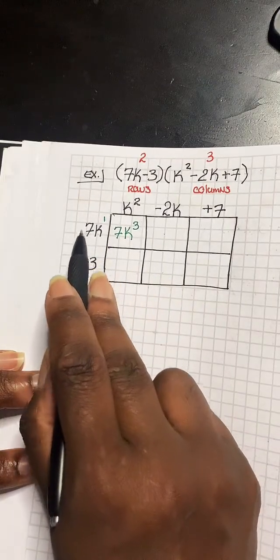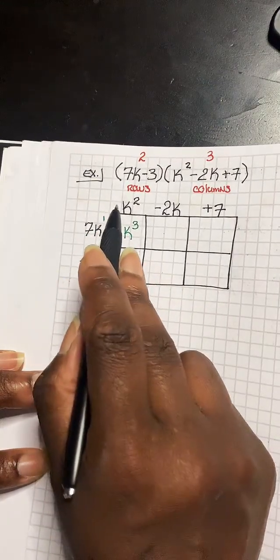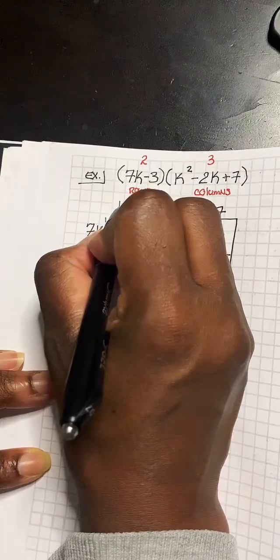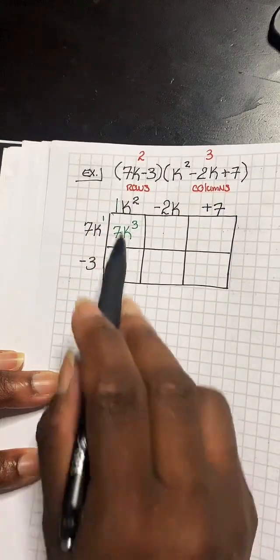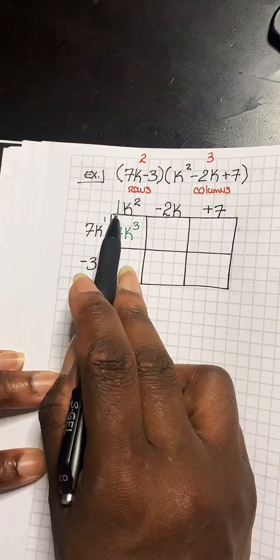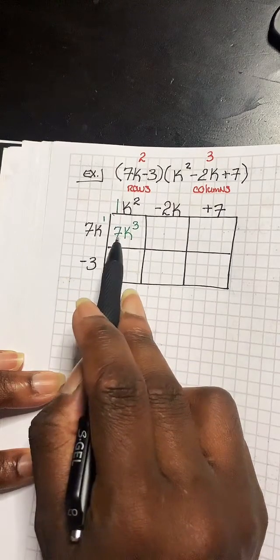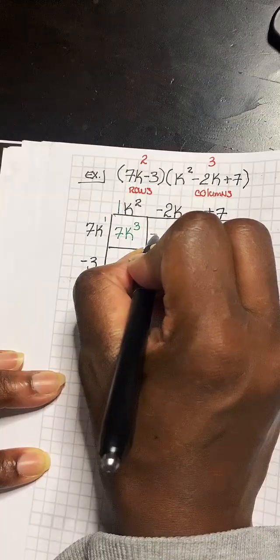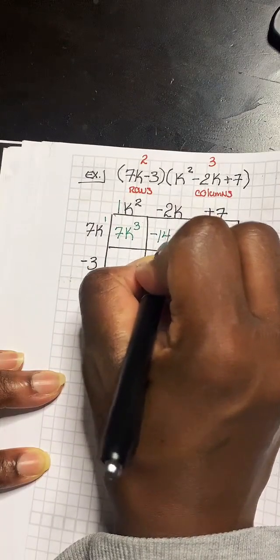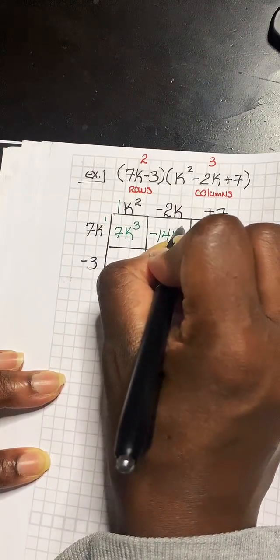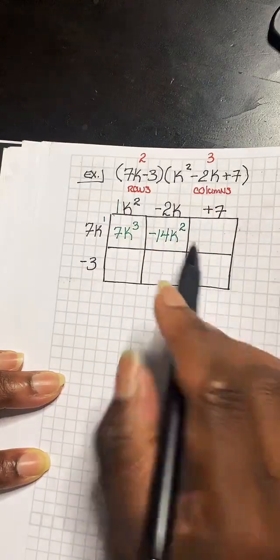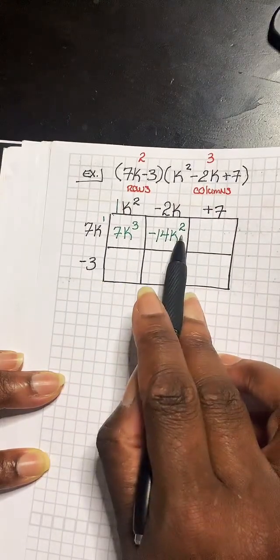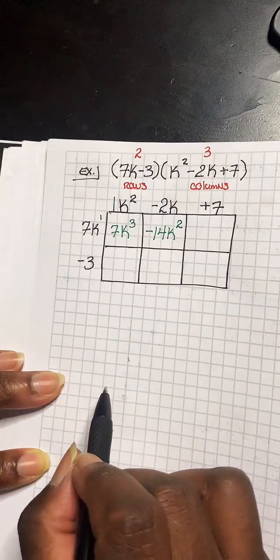I'm not squaring the 7. If you don't see a coefficient in front, it's assumed to be a 1. So 1 times 7, that's where the 7 comes from. So now here we got negative 14k squared. K times k gives me k squared.